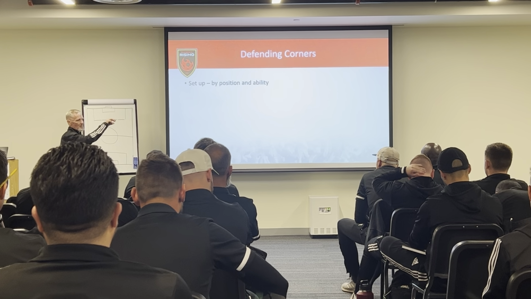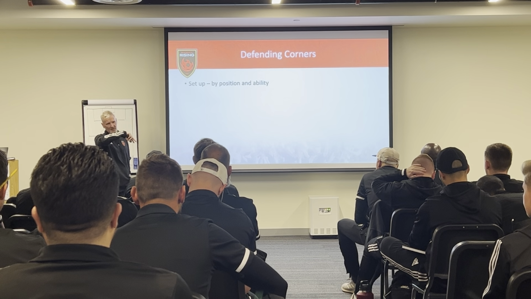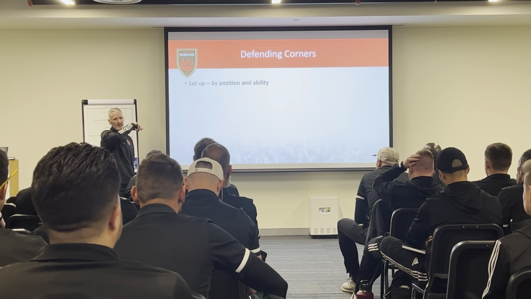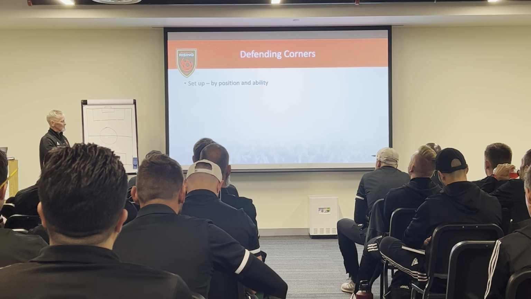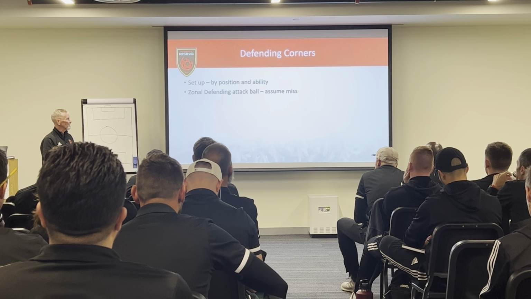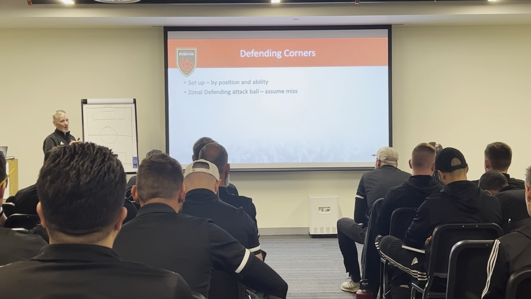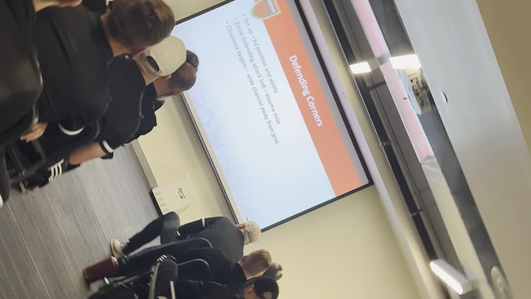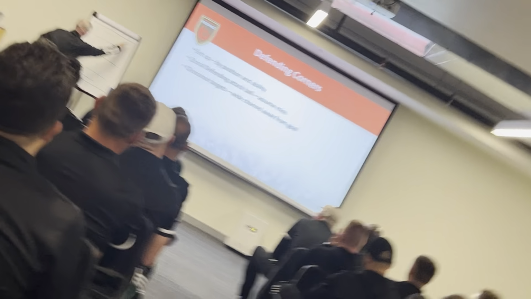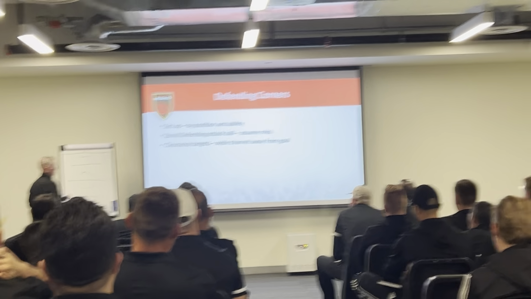Outside backs are on the post, 2 center backs are on the 6-yard line, okay? The number 6 is at the front post, the number 8 is at the back post. Zonal defending, okay? We always attack the ball, assume the player in front of you is going to miss it. We have various target areas, which would be here and here.